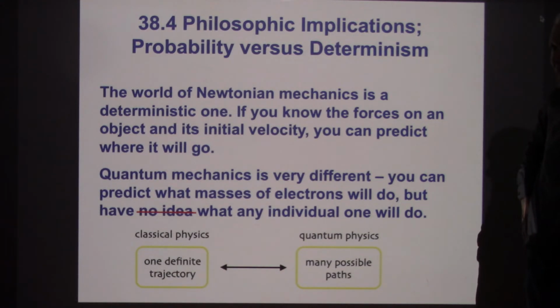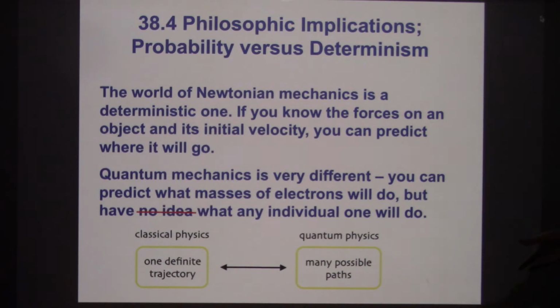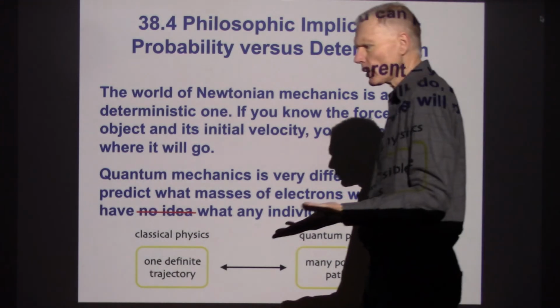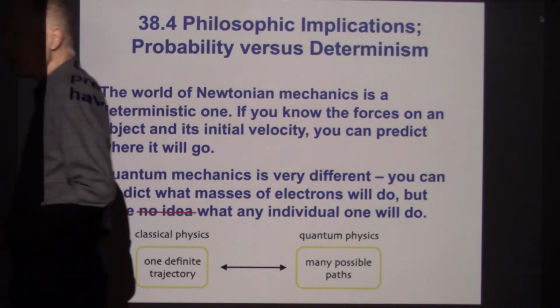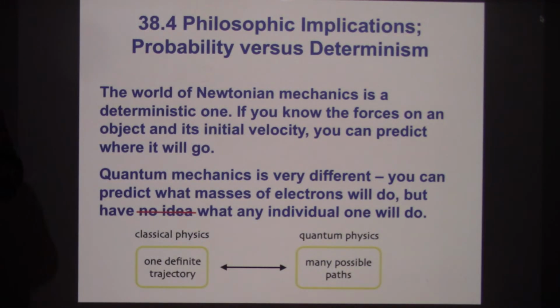So Las Vegas and other places, cities that live off of probability, can do really well. When people walk into the casinos, they don't know who's going to win and who's going to lose, but they know that if you run the experiment enough times, there's a probability of different outcomes, and they know exactly what the probabilities are.